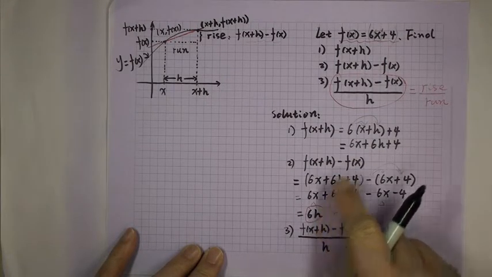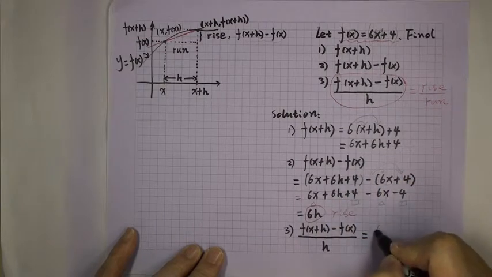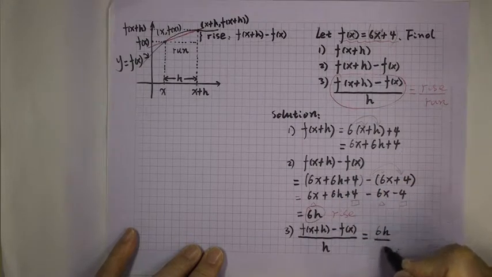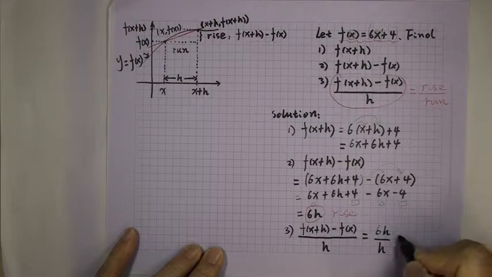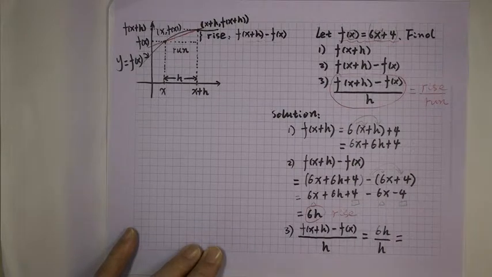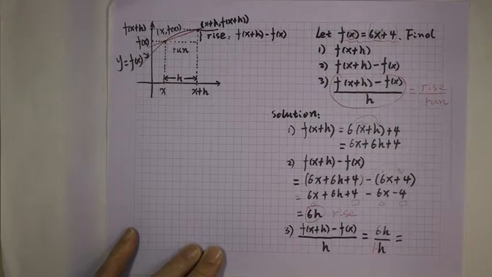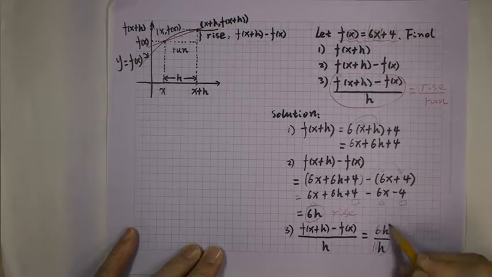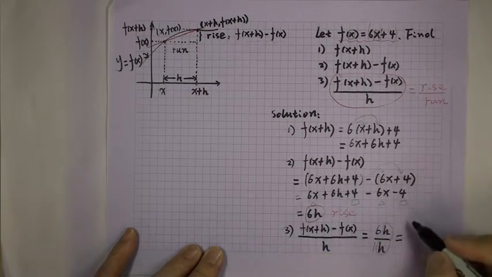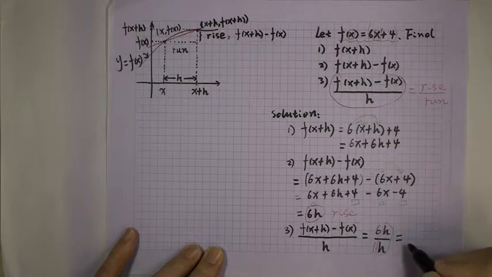We know the rise is 6h, and we know the run is h, and in front of h there is a 1. 1 times h is h. You cancel this h. What you get is 6 divided by 1, which is 6.